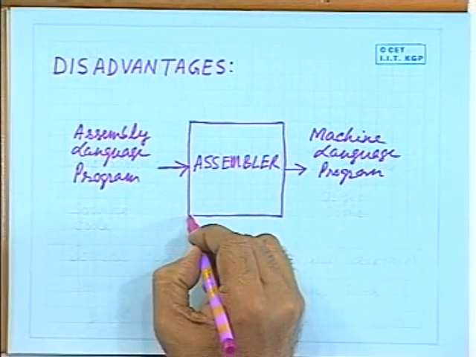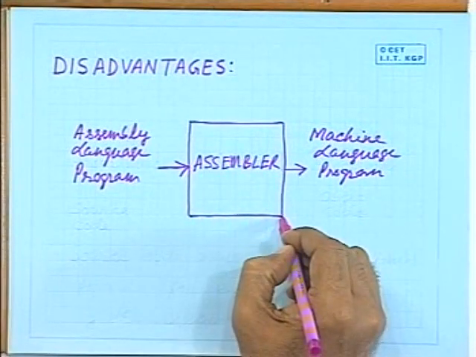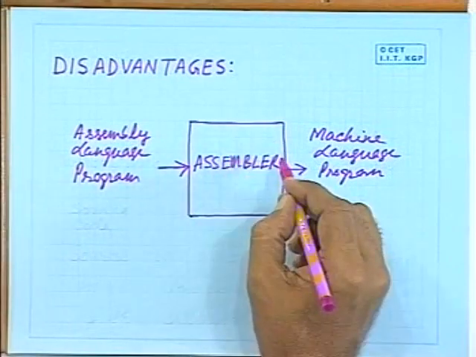So it is very important to have an assembler, and obviously this assembler will be dependent on the processor. In the case of high level languages, if the program that you write is not specific to a particular processor, that C program is independent of the machine. Assembly language is not so. It is specific to a particular machine.